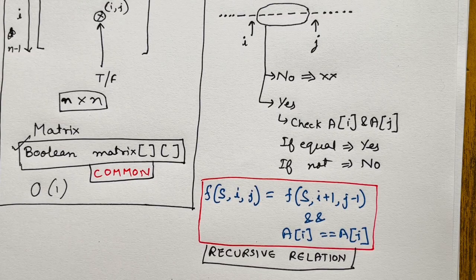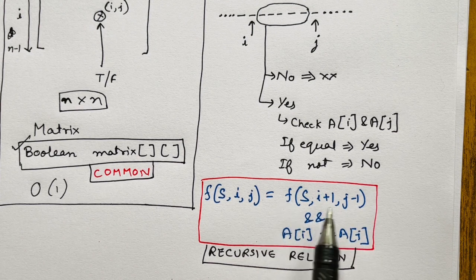So what are we essentially saying here? We are saying that for a string s, if you want to find out whether the substring between I and j is a palindrome or not, then you have to check whether the string between I plus 1 and j minus 1 is a palindrome.